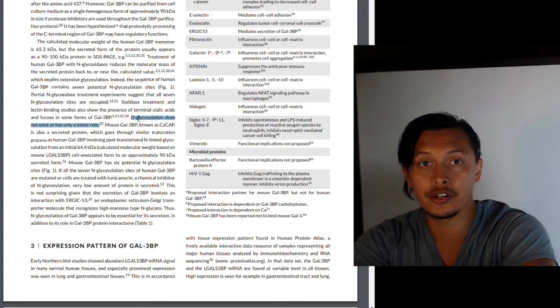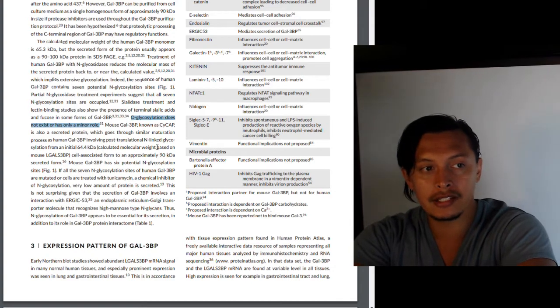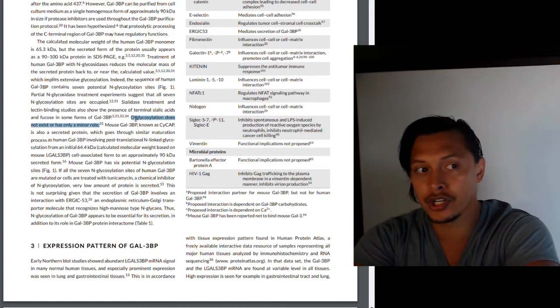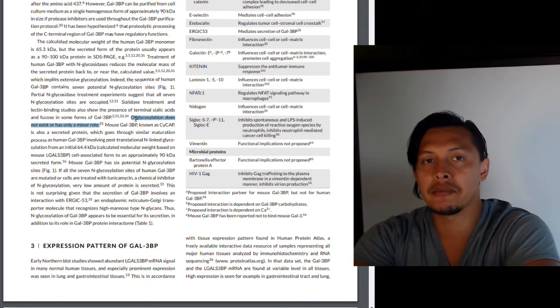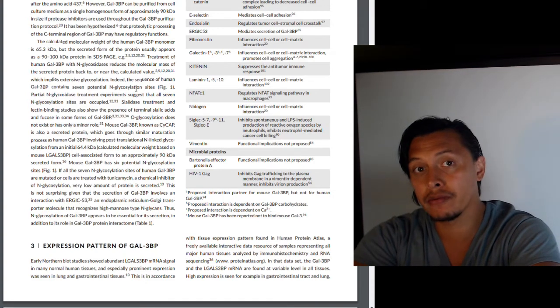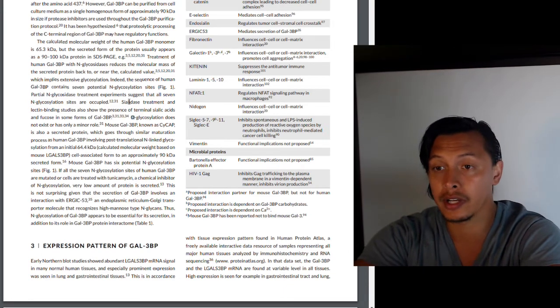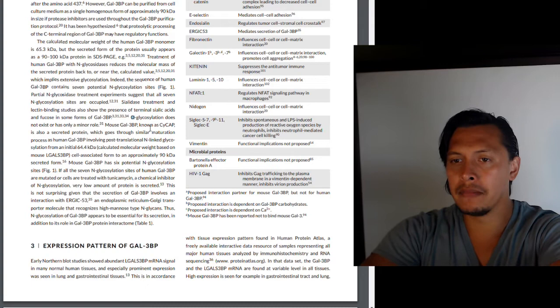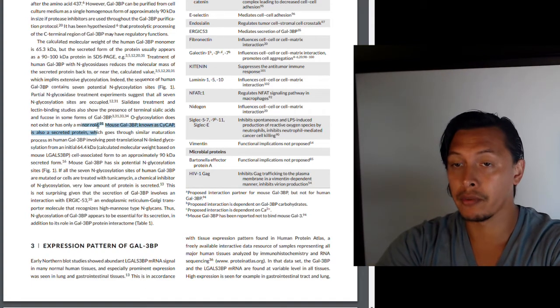Remember how I said you could have both N-glycosylation or O-glycosylation. That is the difference between having a nitrogen be glycosylated or an oxygen being glycosylated. Sorry, the UPS struck. So this does not exist or only has a minor role in galectin-3 binding protein.